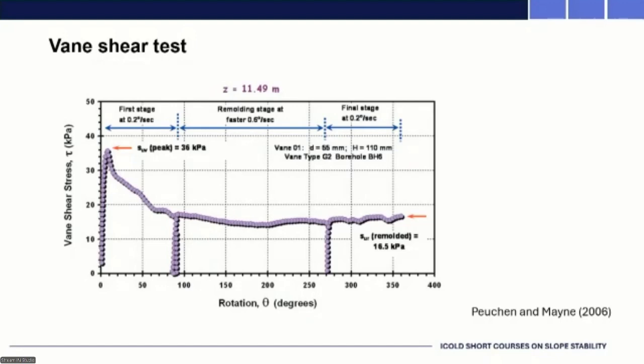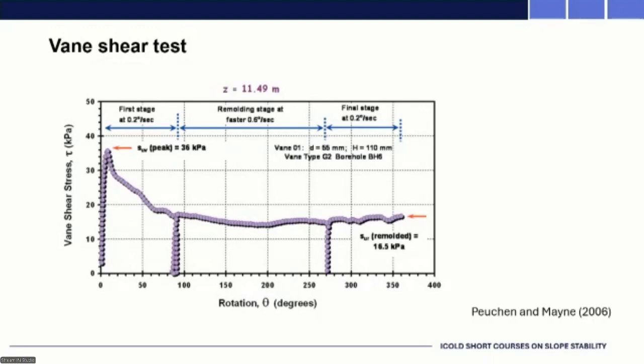Then it dies off, as you can see, it plateaus. And then what's fairly common is to rotate at a much higher speed, much higher than that 0.6 degrees a second, rotate 10 times, and then you make another measurement of resistance. That's your so-called residual. Well, it's not, I don't think it is. It's what you've done with the food mixer.